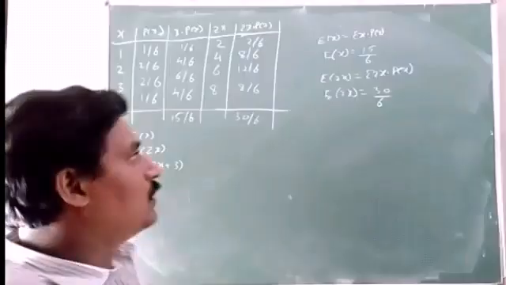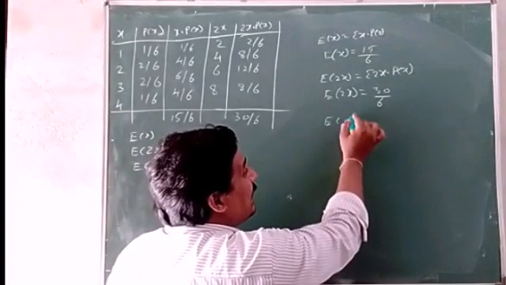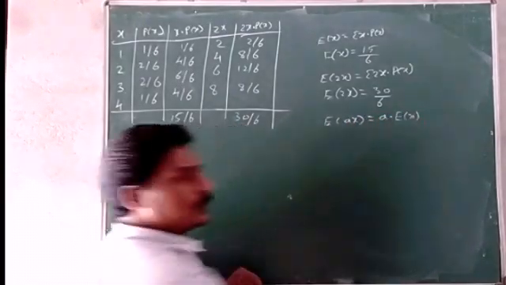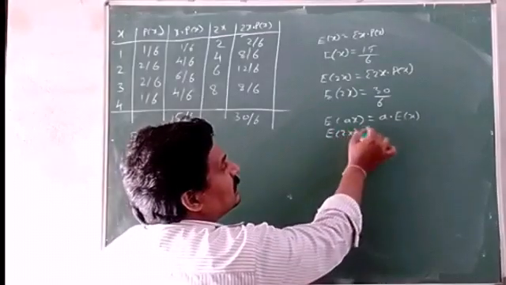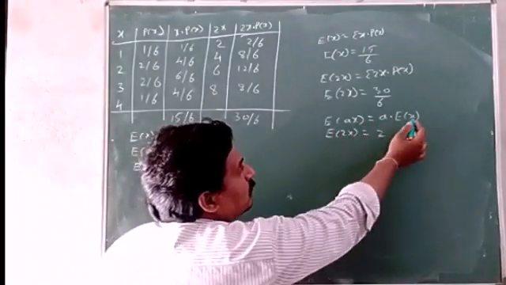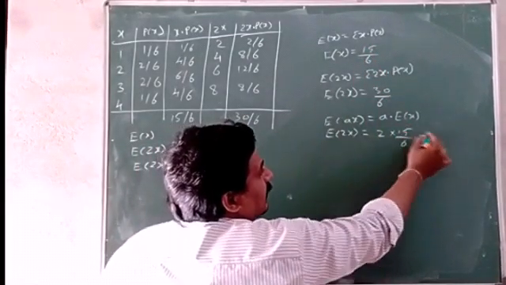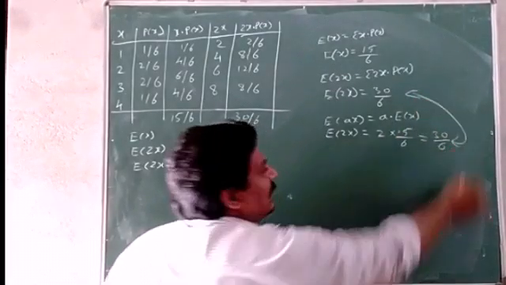Already we know that E of ax is equal to a into E of x. So now E of 2x is equal to 2 into E of x. E of x is 15 divided by 6. That is 30 divided by 6. So we got the same answer.